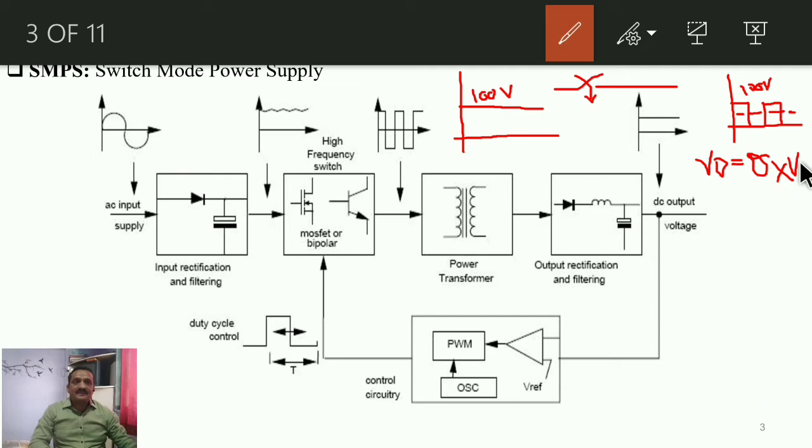Capital D is nothing but the duty cycle of the switching component. Basically this is a transistor which is switched, that means turned on and off momentarily, with the duty cycle of this capital D. So this duty cycle decides the average value of this pulsating DC, nothing else. Just remember this basic concept.